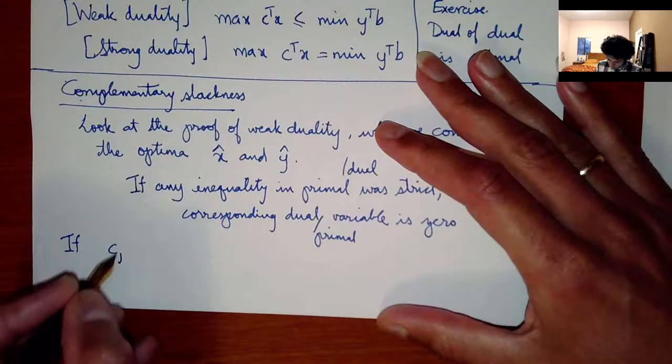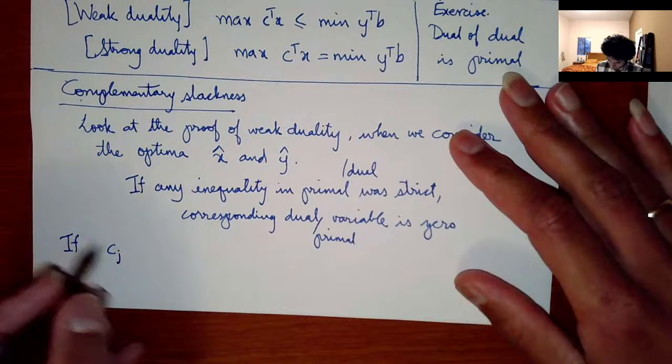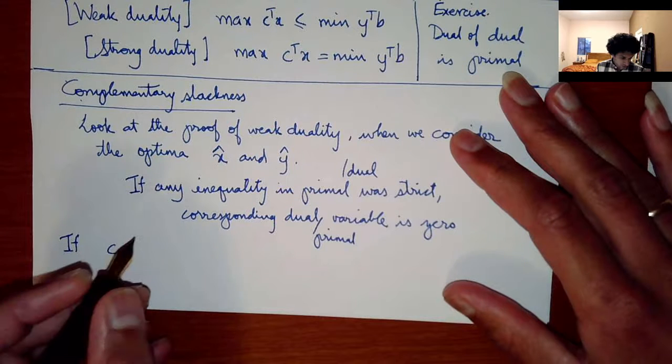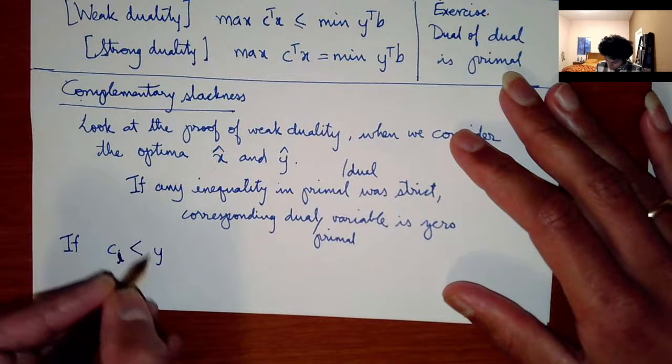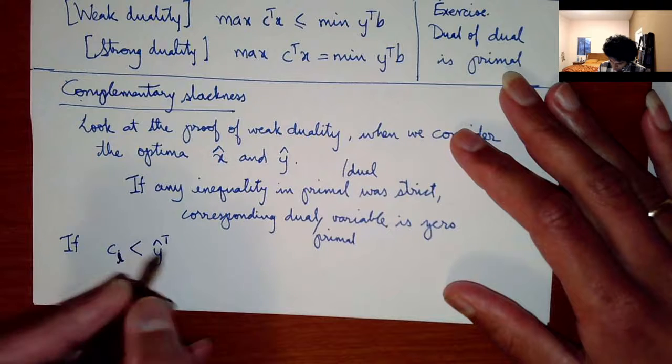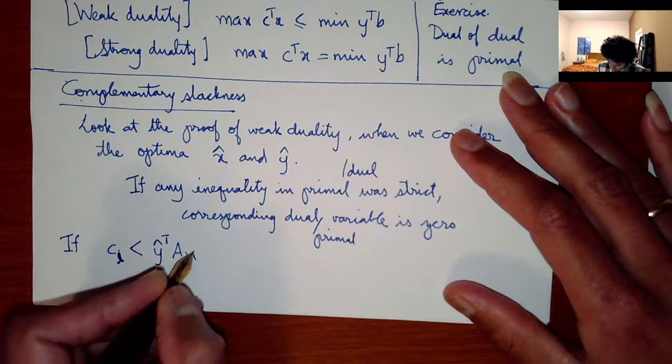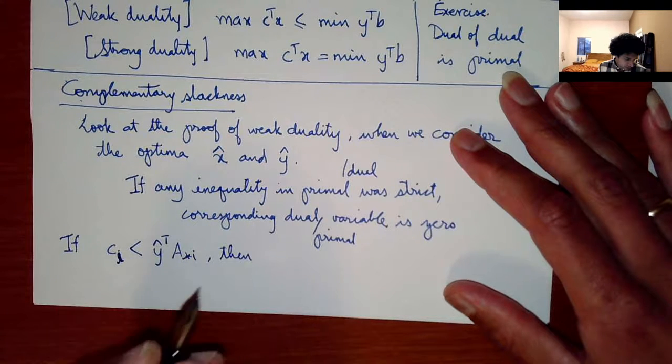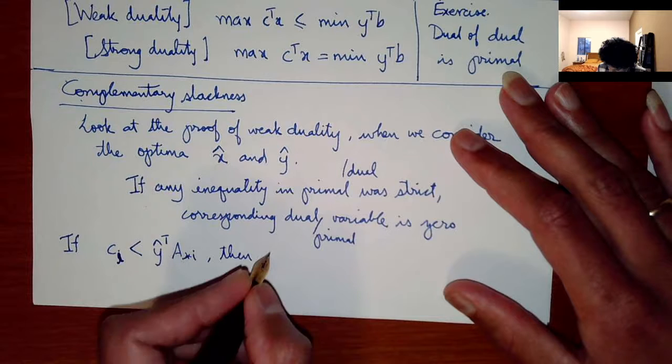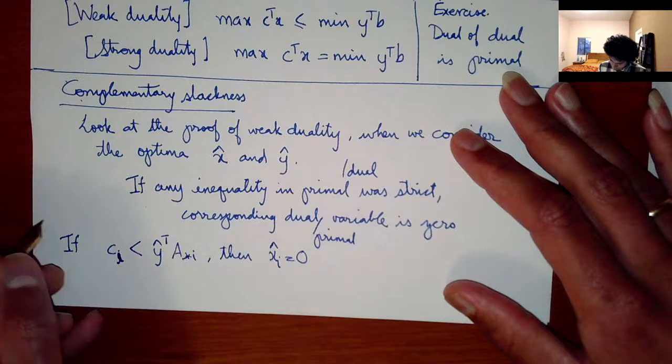If ci was strictly less than y hat transpose A star i, then x hat i is 0.